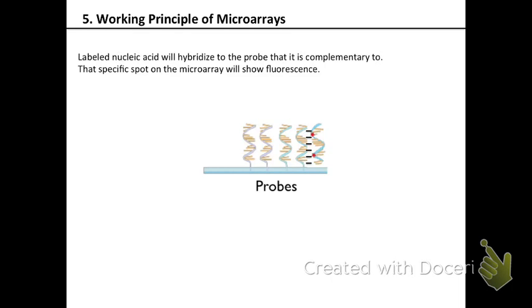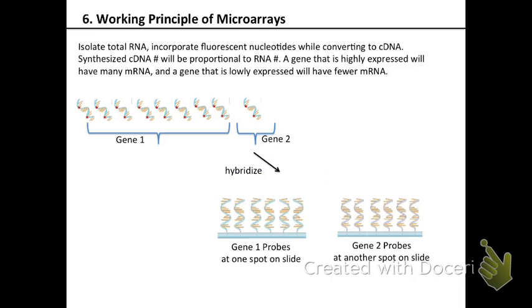So if you have a scanner, then you can scan that slide and say, that probe that I printed there, that is against beta globin, is showing a fluorescence signal, telling you that you had beta globin RNAs that you isolated and labeled and it hybridized, right? All right. And so if there's another spot that doesn't show any fluorescence signal, you know that you didn't have that mRNA corresponding to that probe, that spot.